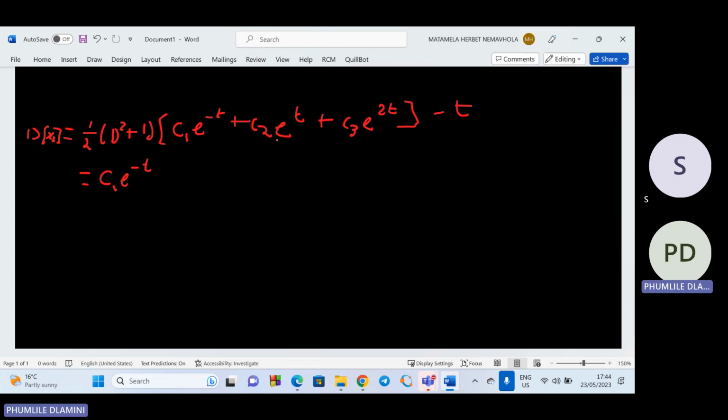Differentiating this one 2 times gives plus c2 e to the power t. Differentiating this one 2 times gives 4, since 2 and 2 make plus 4, c3 e to the power 2t. This one here we are going to deal with later, we are dealing with only this part.